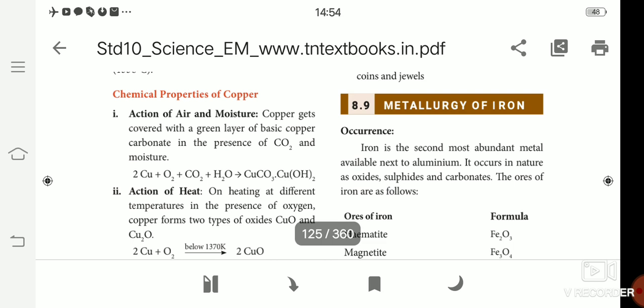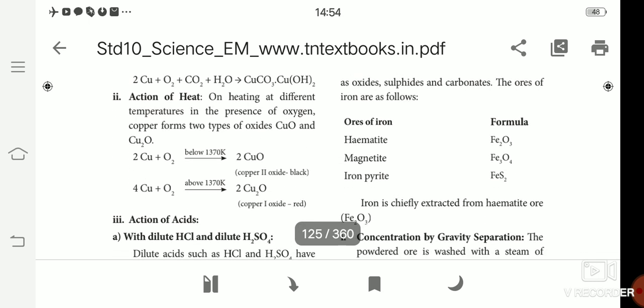In the first reaction, copper reacts with oxygen, O2, below 1370 Kelvin. The product is copper 2 oxide, and the color is black.